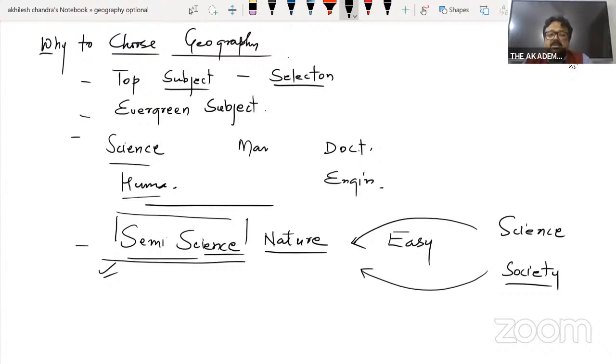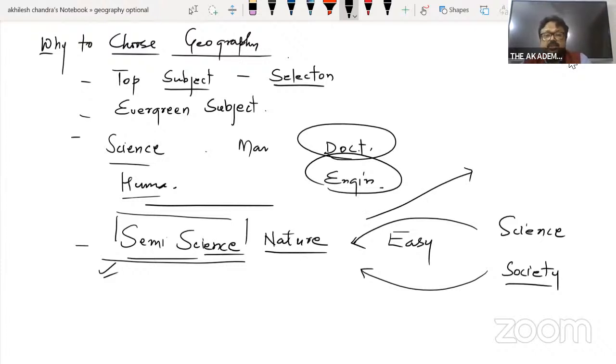Being semi-science in nature, it is loved not only by humanities students but also by science graduates, doctors, engineers, and commerce graduates, because a lot of things pertain to trade, commerce, transportation, agriculture, and obviously economy and five-year plans. It is an amalgamation of many streams.